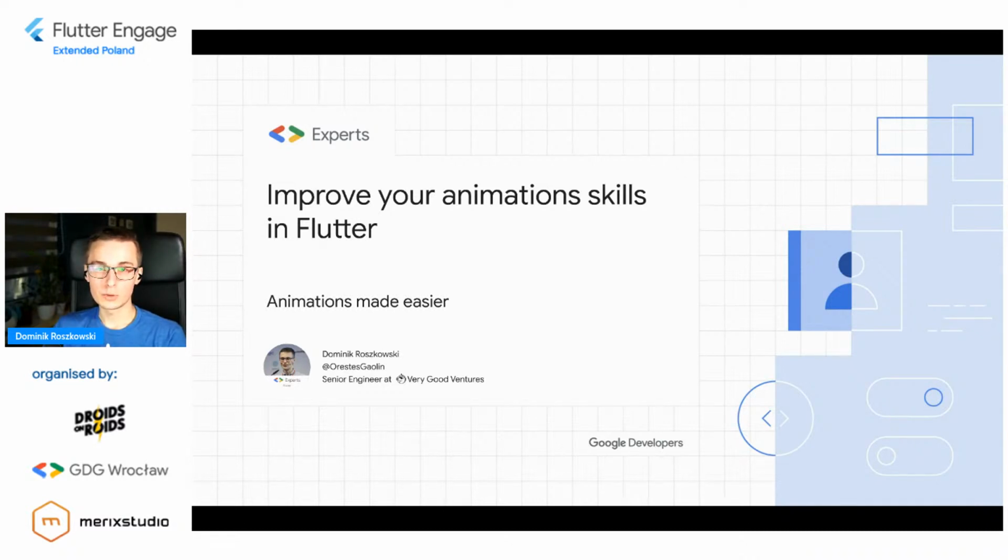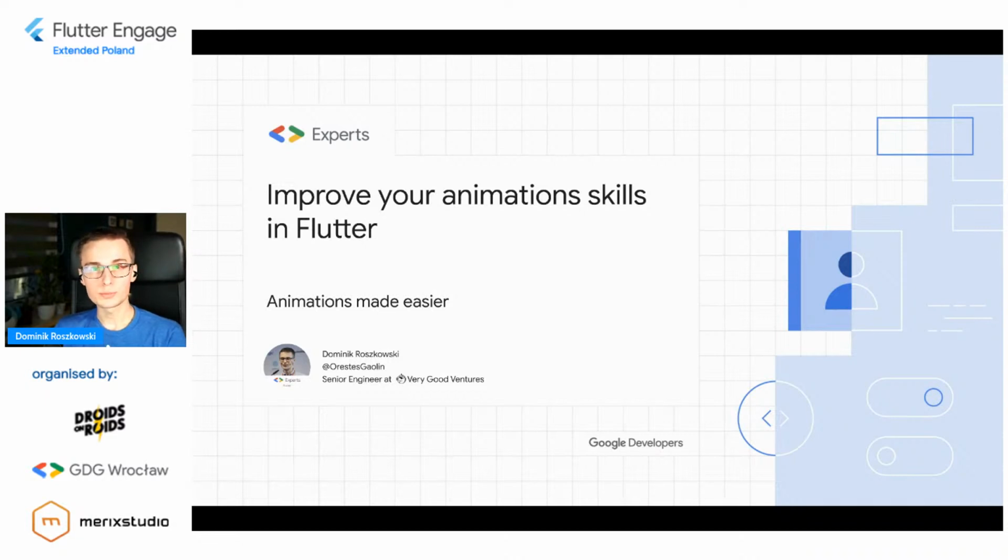In general, what I want to convey is different approaches to how you can use animations in Flutter. The spectrum of possibilities in Flutter is pretty wide, and you all know about basic implicit and explicit animations, maybe animation controllers.